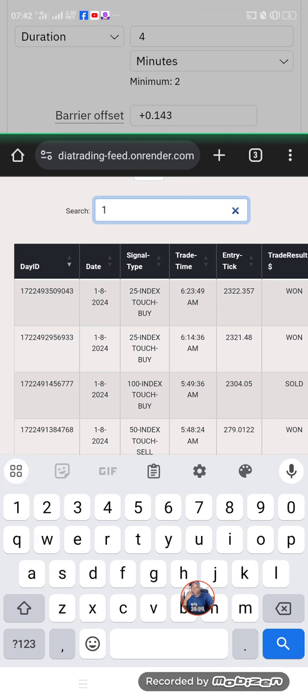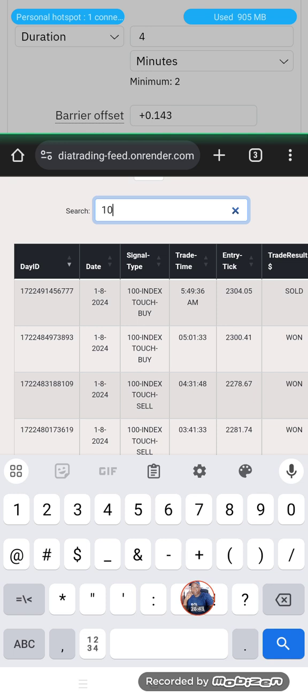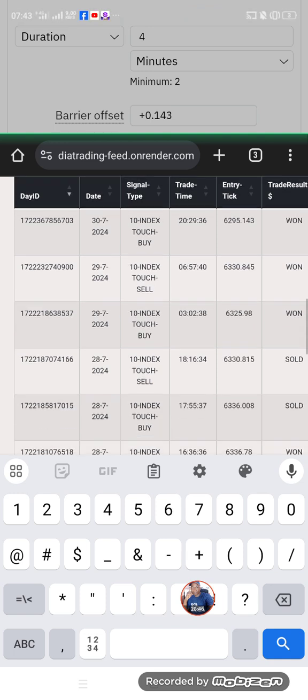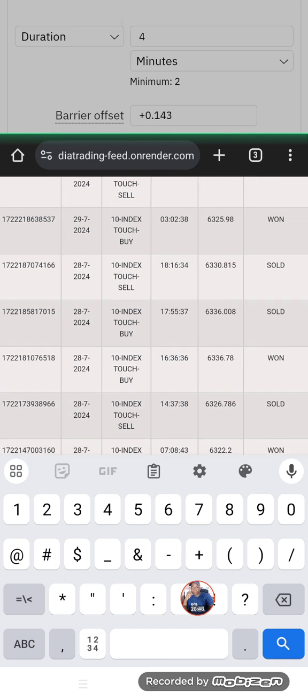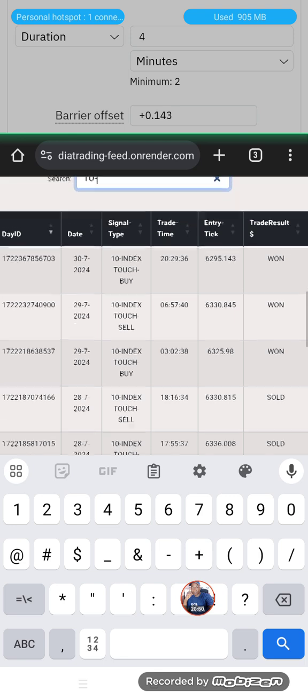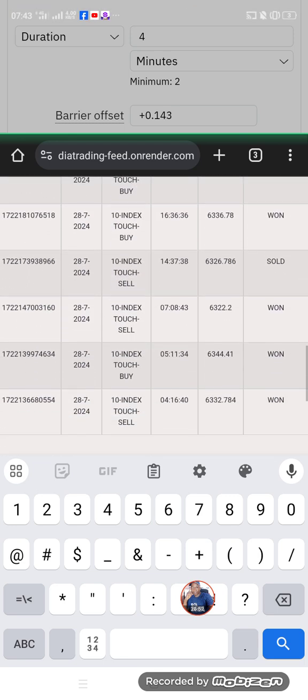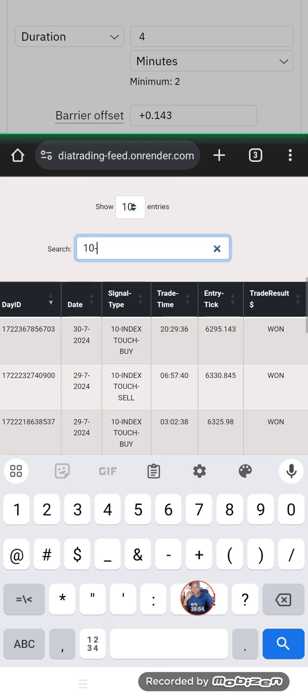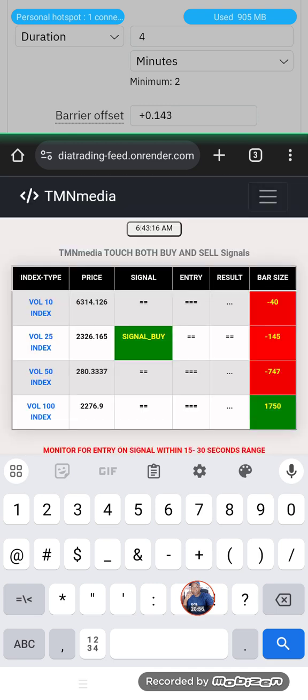You see 10 index. This is 10 index. You can see 1 sold. So that's how it is.